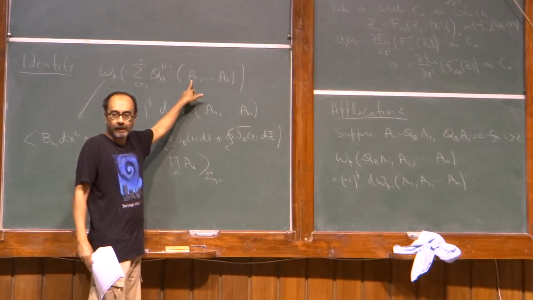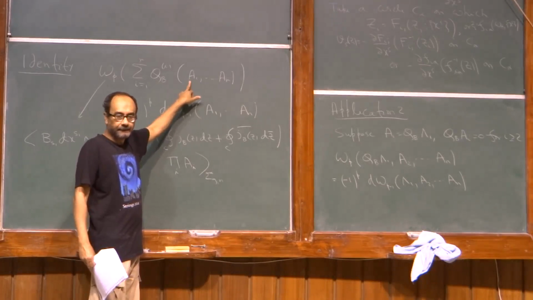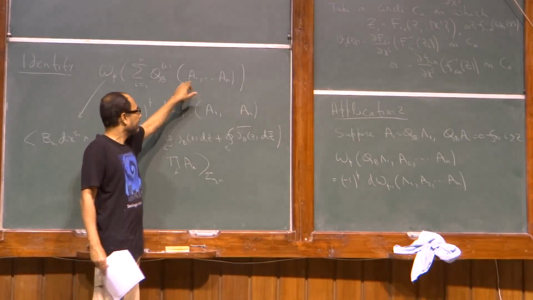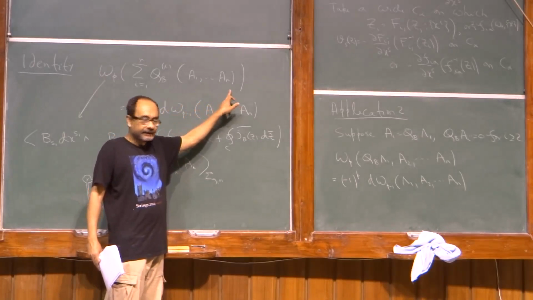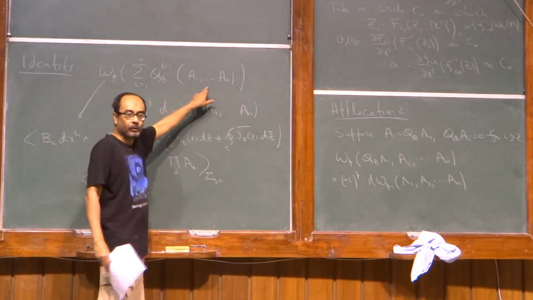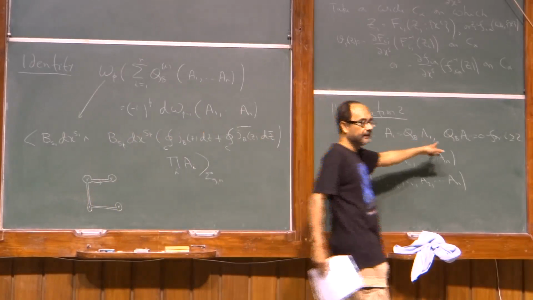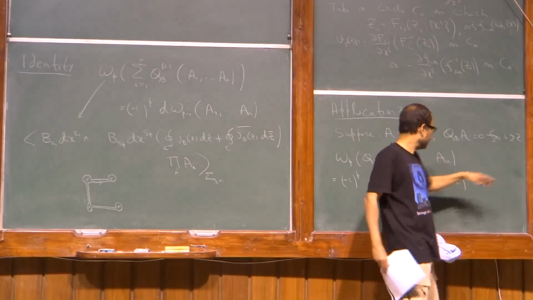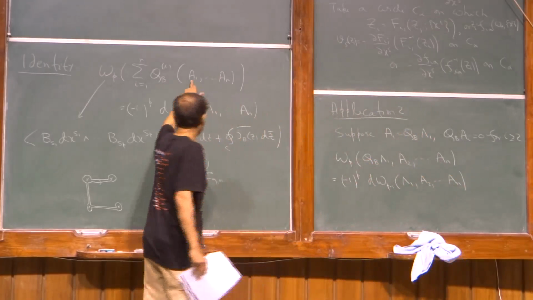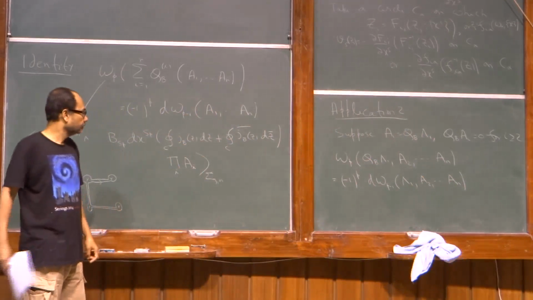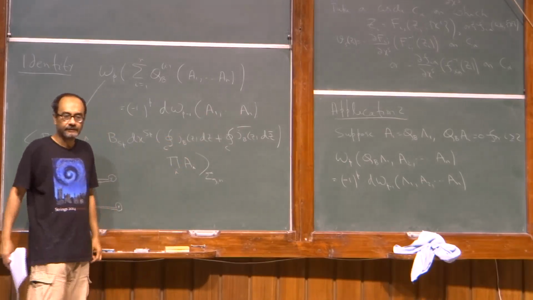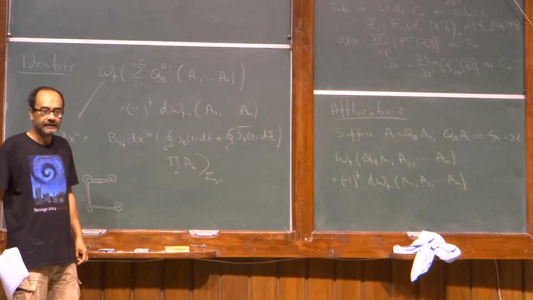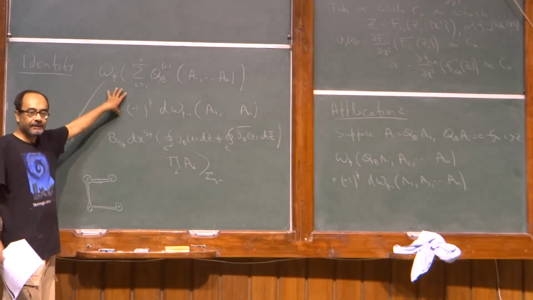A1 up to An are arbitrary states. Replace A1 by lambda 1. Then on the left hand side we get one term, QB on A1, the others are A2, A3, etc. There are of course other terms on the left hand side, lambda 1, QB A2, and so on, but those all vanish because of this relation. So this is the left hand side with A1 replaced by lambda 1. On the right hand side also I have replaced A1 by lambda 1. Is this clear? It's just a direct application of this identity, with A1 replaced by lambda 1.